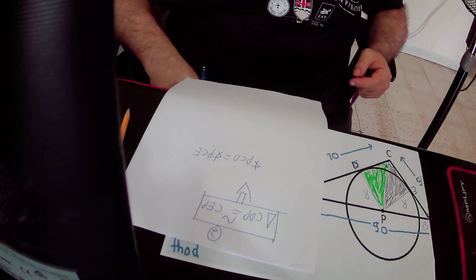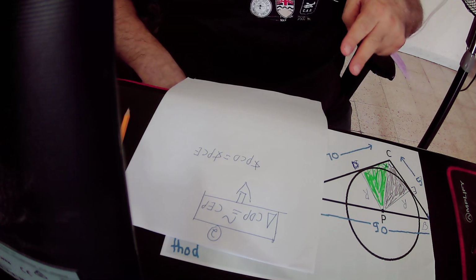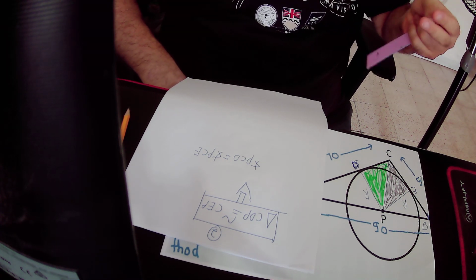Why? Because the green triangle overlaps the black triangle.